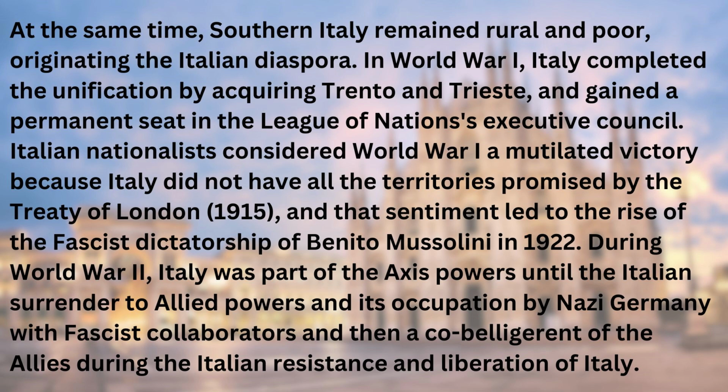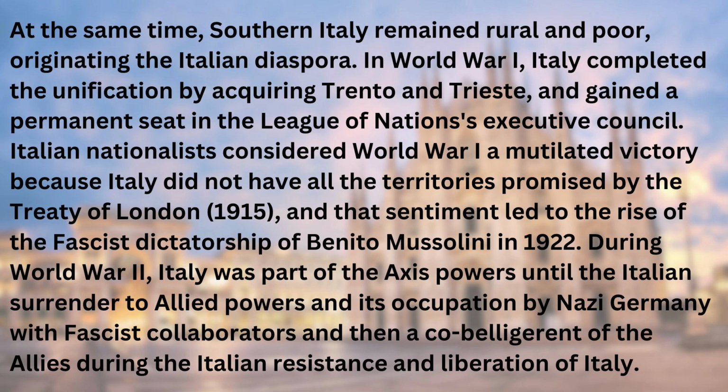In World War I, Italy completed the unification by acquiring Trento and Trieste, and gained a permanent seat in the League of Nations' Executive Council. Italian nationalists considered World War I a mutilated victory because Italy did not have all the territories promised by the Treaty of London, 1915. That sentiment led to the rise of the fascist dictatorship of Benito Mussolini in 1922.